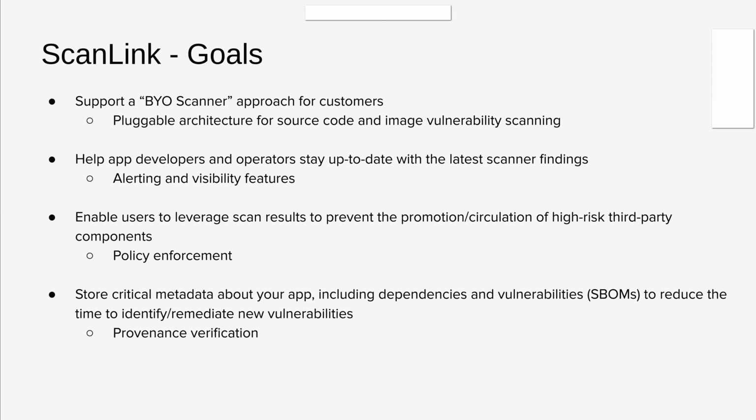As well, we really want to store all this information, which is critical for companies, that we extract from our scan reports, in order to have auditing and provenance verification over all these dependencies and vulnerability information that we have collected during the different steps of the supply chain.